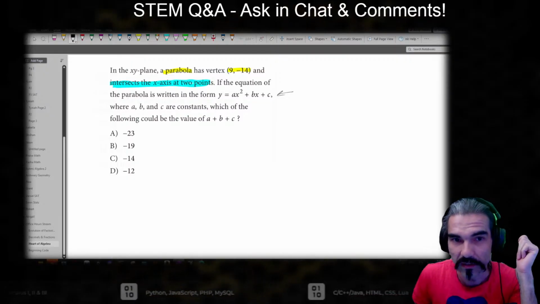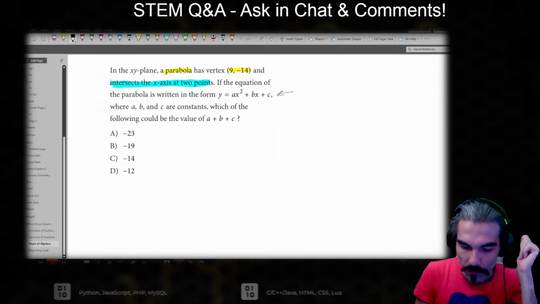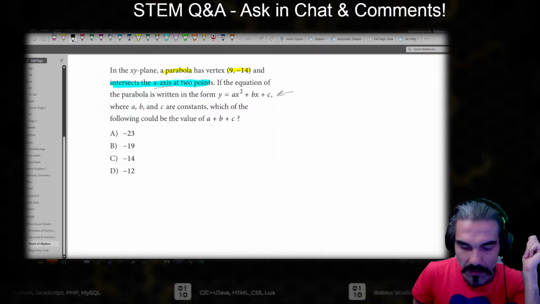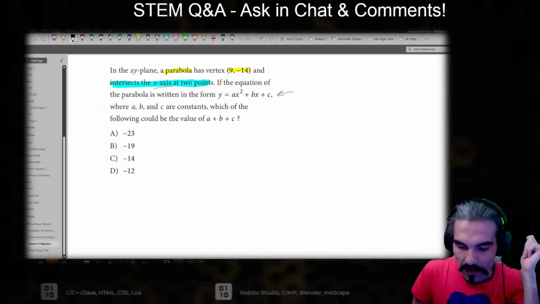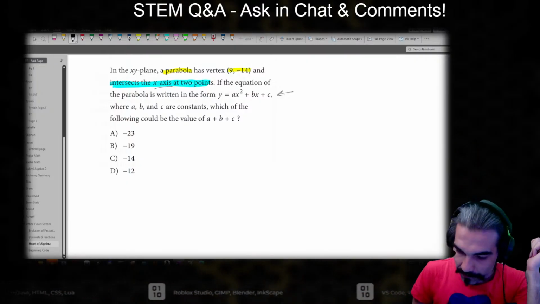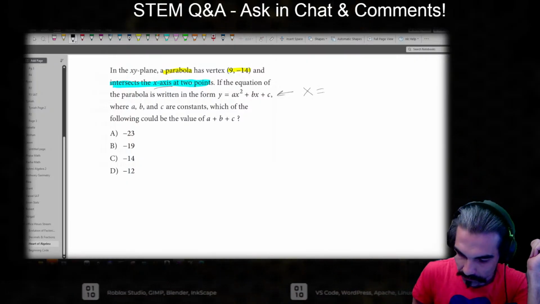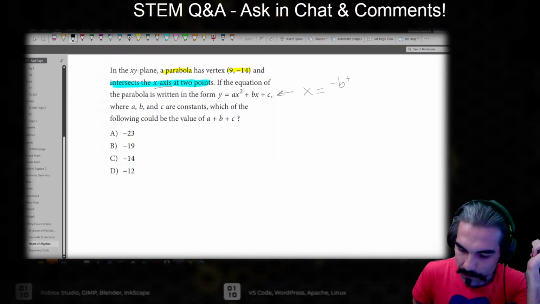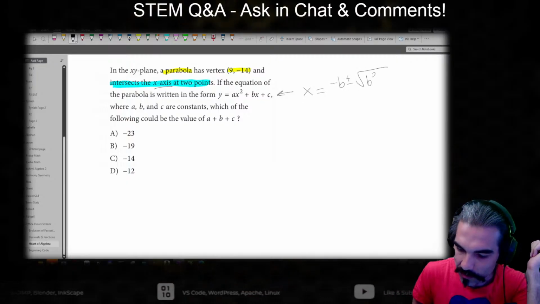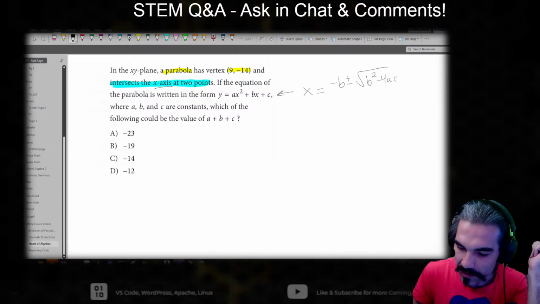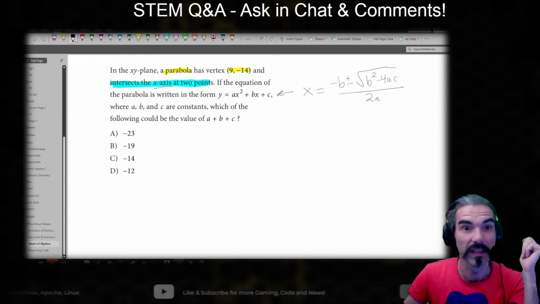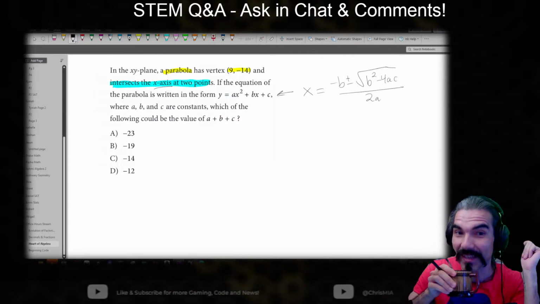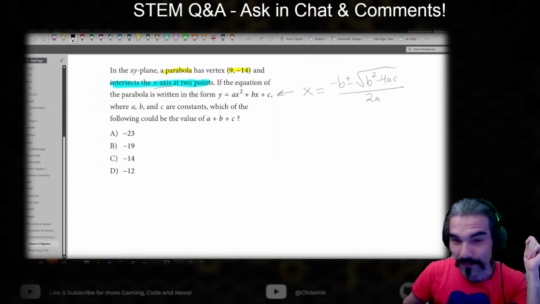But recall that if you're trying to find x-intercepts, which are the x-axis crossings, we need to look at a formula: negative b plus or minus the square root of b squared minus 4ac, over 2a. It's a mouthful. I know some of you are like, oh no, not that one. Yes, that one indeed.